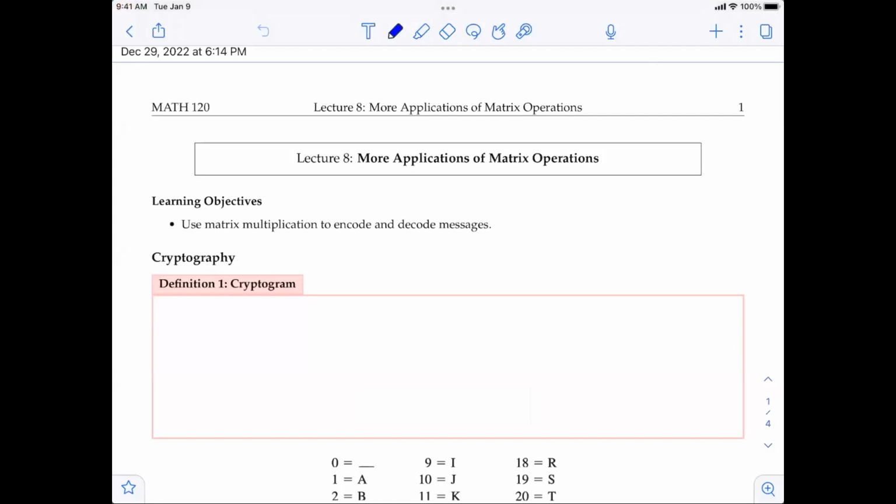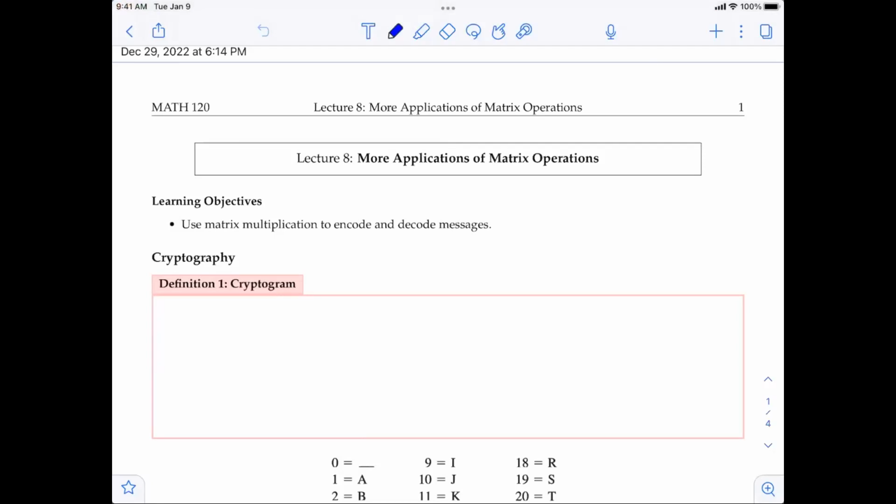Okay, so let me write the definition of cryptogram. It's related to cryptography. You have a message, you can encode that, or you receive a message, you can decode that. And the messages in general are called cryptograms.